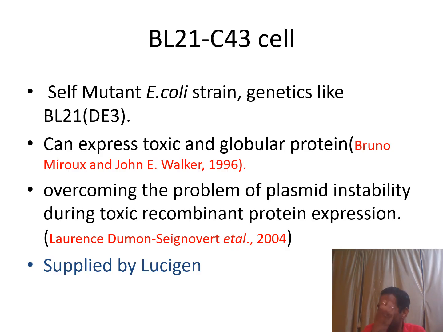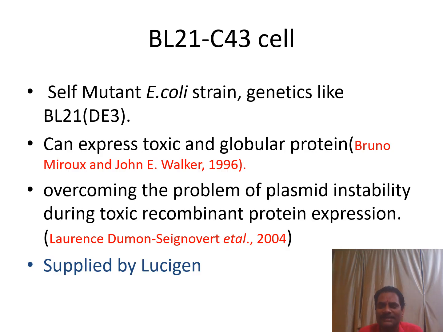After a few days, they observed a few colonies on the plate. It means that colony, that E. coli, survived the toxicity of membrane protein or globular protein. That strain is a resistant strain, a self-mutant strain.